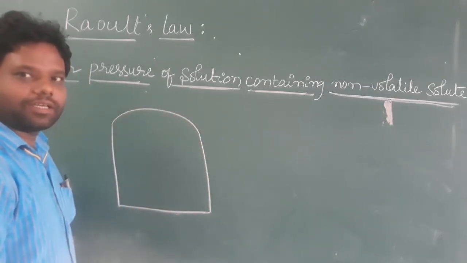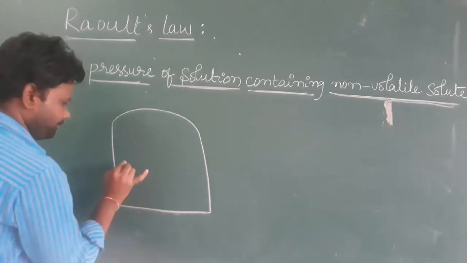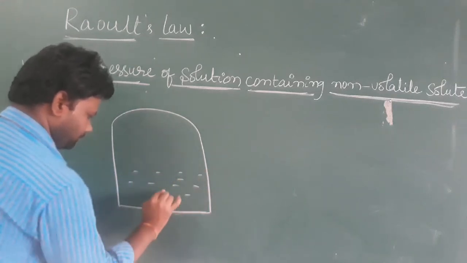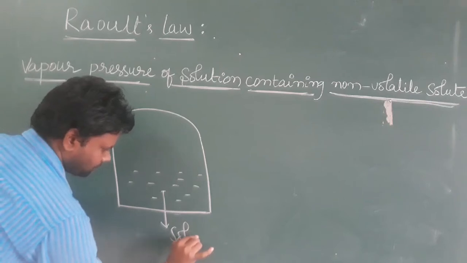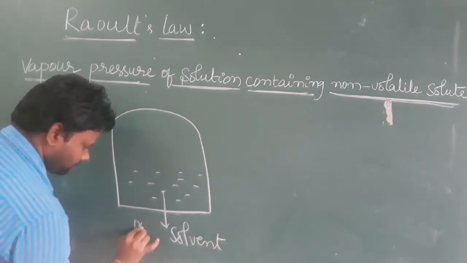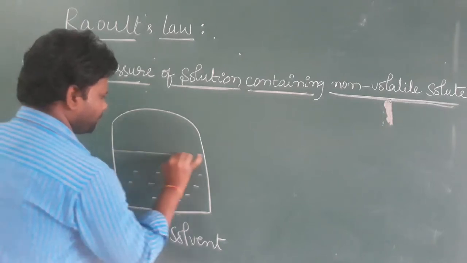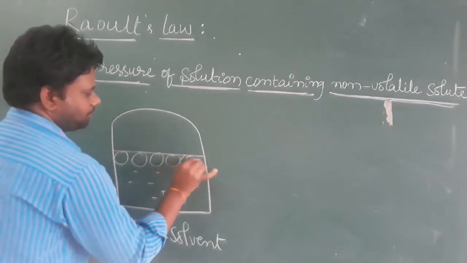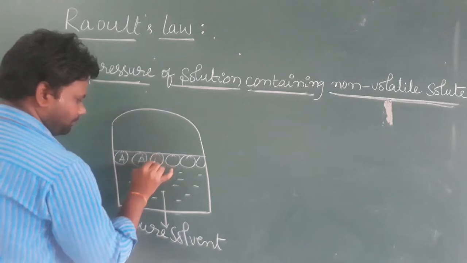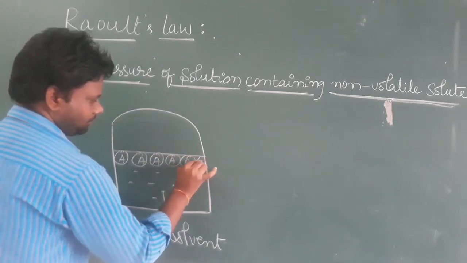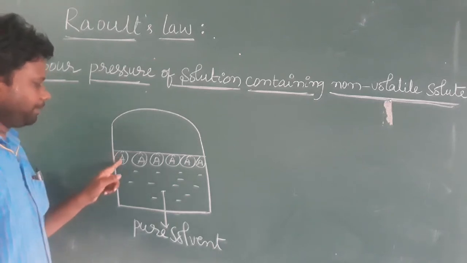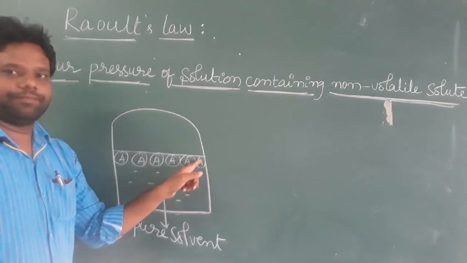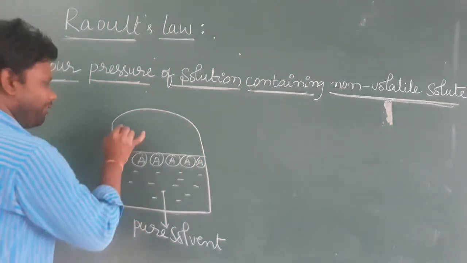This closed vessel contains pure liquid solvent, which we consider as A. In pure liquid solvent, liquid molecules present on the surface of the liquid are evaporated.